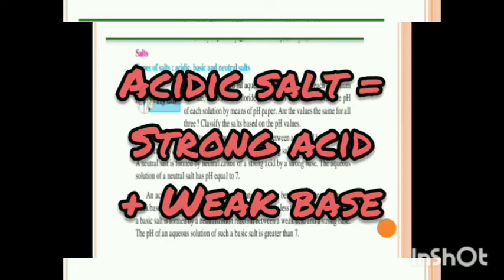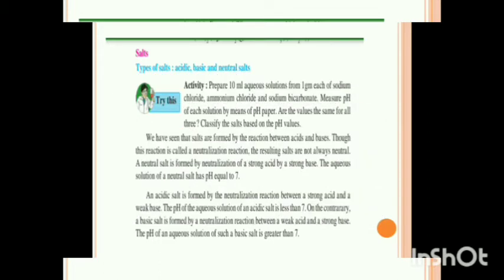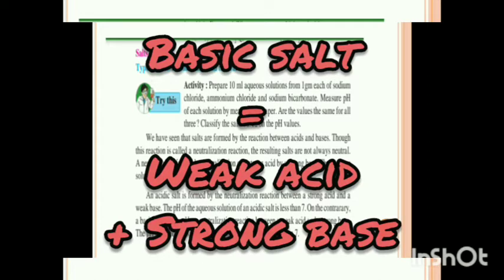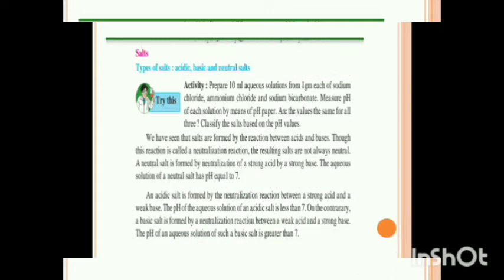The pH of the aqueous solution of an acidic salt is less than 7. On the contrary, a basic salt is formed by a neutralization reaction between a weak acid and a strong base, and the pH of an aqueous solution of such a basic salt is greater than 7.